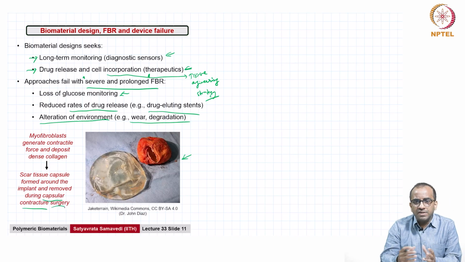Capsular contracture is a very, very painful, serious complication of these kinds of implants in the long run, where these myofibroblasts, the fibroblasts that have surrounded the implant, generate contractile forces as they deposit collagen and shrink and compress, making it very painful for the patient.